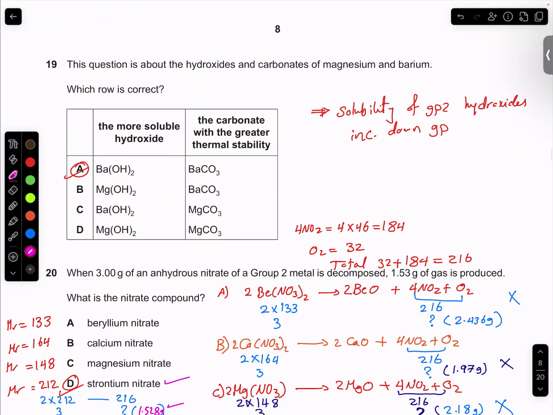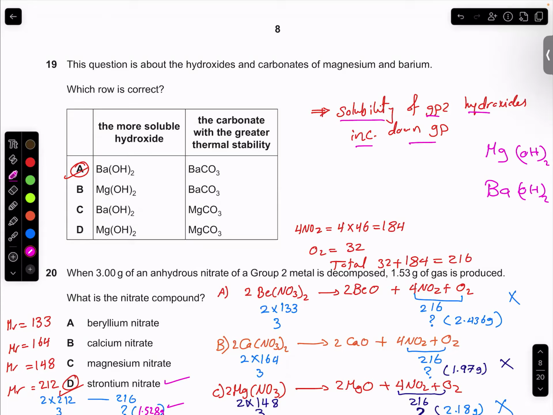Question 19 is about hydroxides and carbonates of magnesium and barium. Magnesium is up and barium is down, right? Which row is correct? As you know, the solubility of group 2 hydroxides increases down the group. So barium hydroxide is more soluble than magnesium hydroxide.